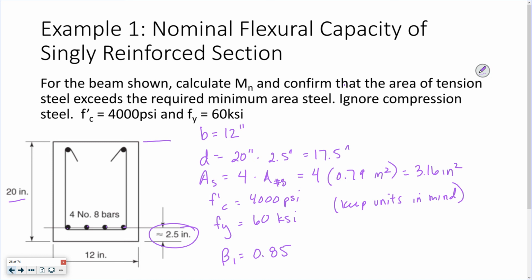So look that up. That's another tab that you need to have. It is on page 399, up at the top. My F prime C is between 2,500 and 4,000, so it's 0.85. Okay.